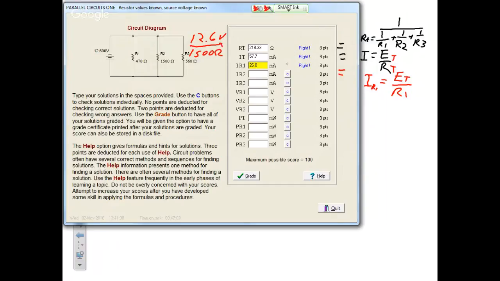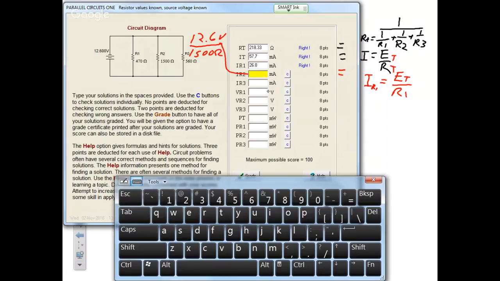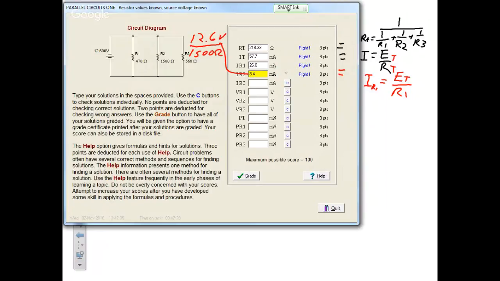For this one, the voltage, 12.6 divided by 1500, gives me 8.4 milliamps. We'll check that, and that is correct.